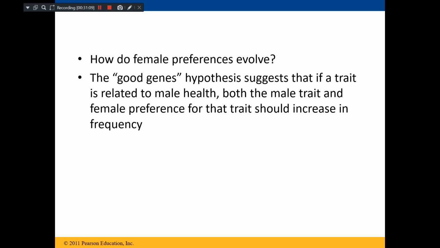Suppose the male has a good gene for health and female prefer only chauvinist males, then which gene will perpetuate? The individual which is more chauvinist will be able to contribute more to the next generation, not the one which is having the better health.